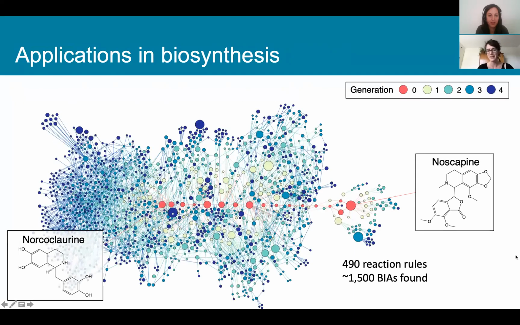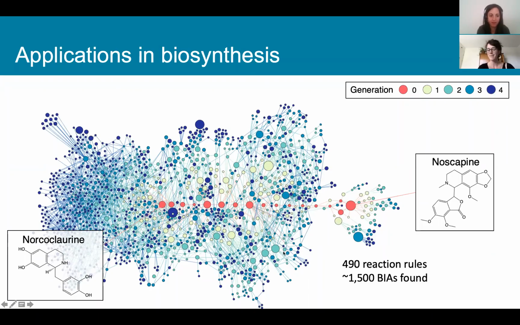This is what we got. So we applied the rules for 4 generations, and we generated this huge network around the noscapine pathway. And we found around 1,500 different benzyl isoquinoline alkaloids within this network.